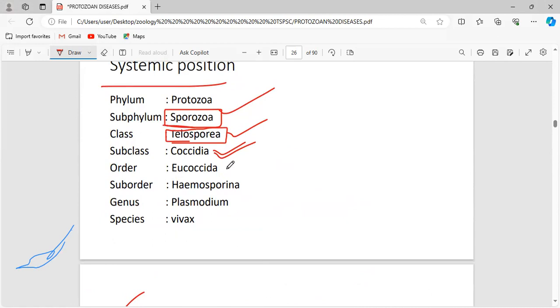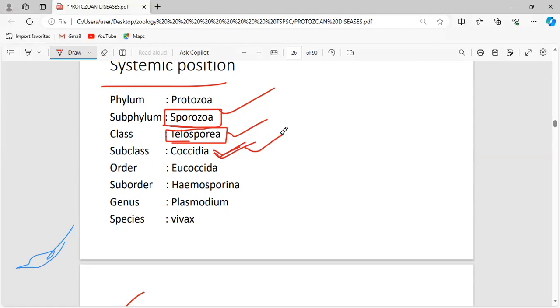Coccidia is a subclass. It is microscopic and it is spore forming. It is an obligate intracellular parasite, which means that it cannot complete its life cycle without exploiting a suitable host.